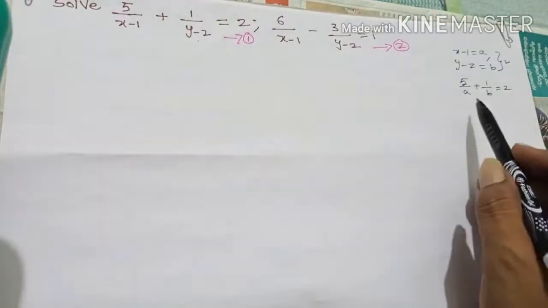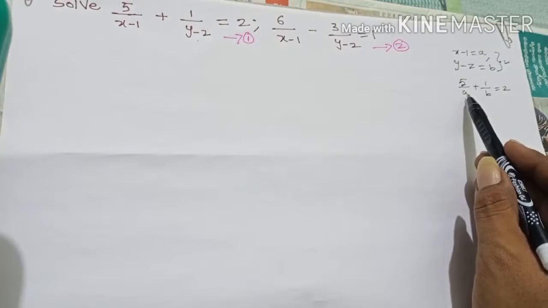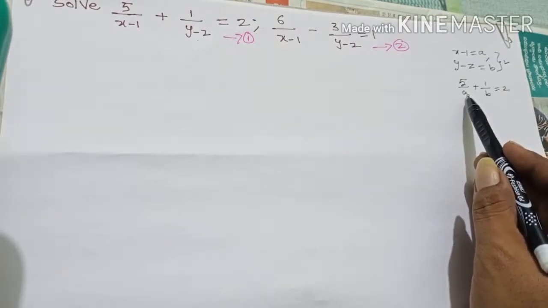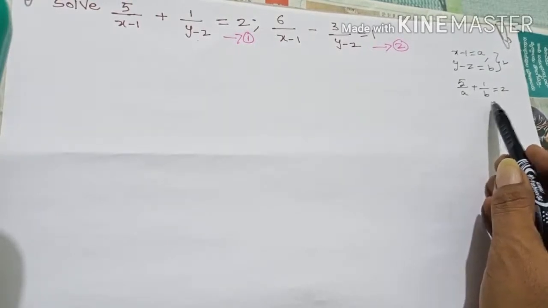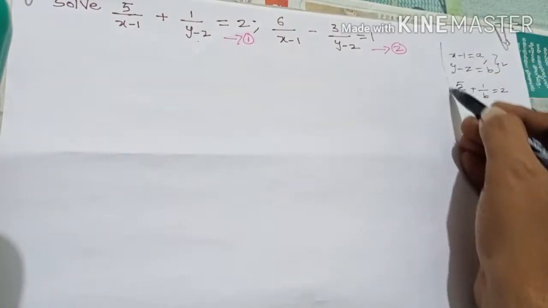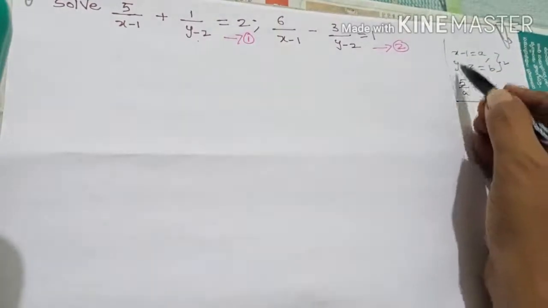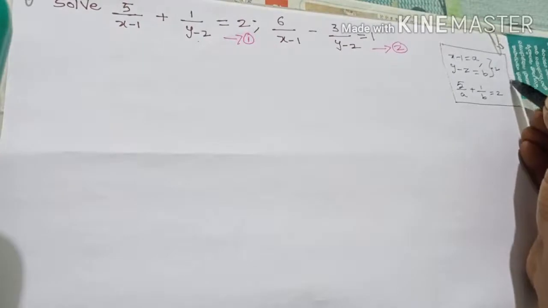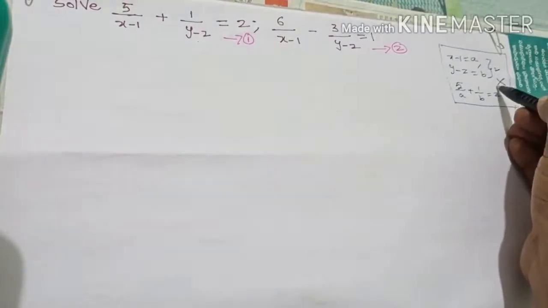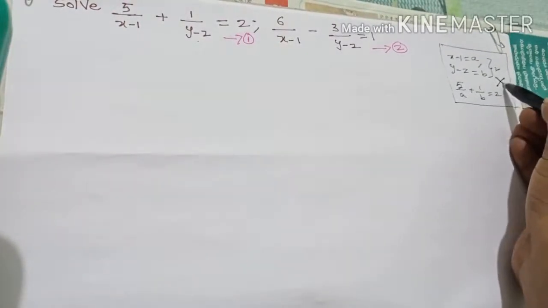Here also you can find the variables in the denominators. Here we have a, here we have b. Therefore here also we get variables in the denominators. Therefore this type of substitution is not applicable.